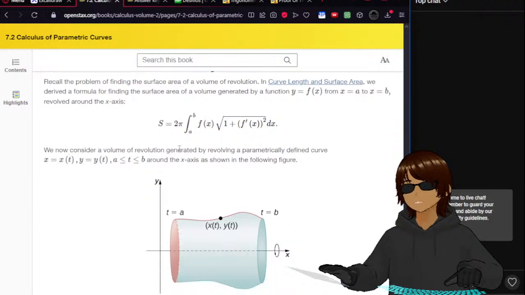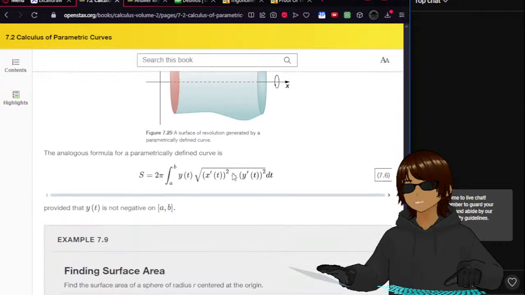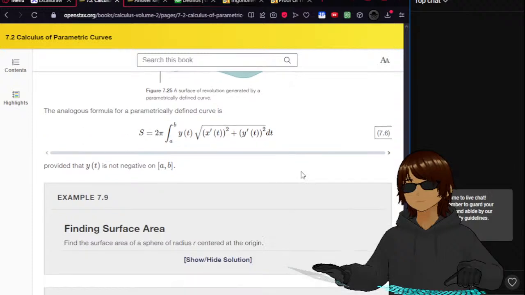We now consider a volume of revolution generated by revolving a parametrically defined curve, x equals x(t), y equals y(t) from a to b, on the x-axis as shown in the following figure. The analogous formula for a parametrically defined curve is, right, it's this, provided that y(t) is not negative in a to b.